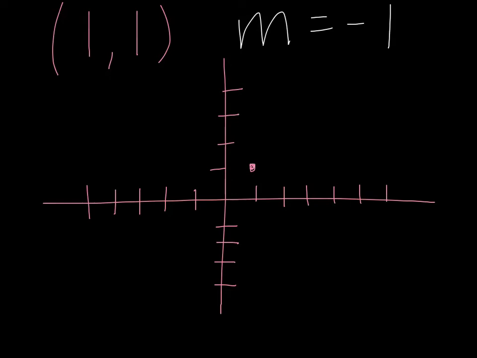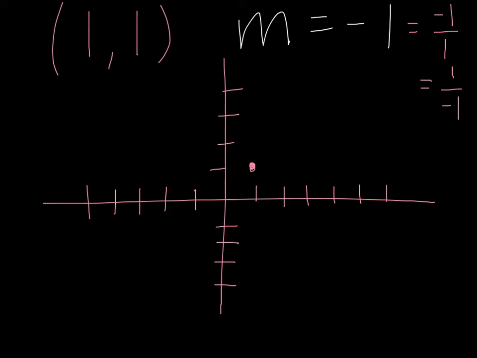One would be right here. Now, if you had a slope of -1, that would mean that you rise -1 for every time you run 1, or vice versa. 1 over -1. It's the same thing.